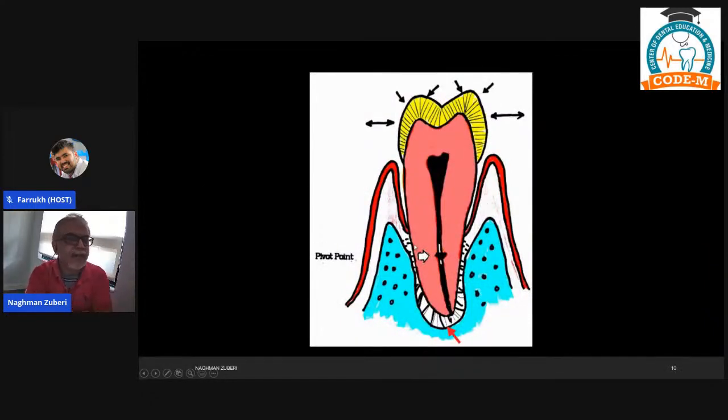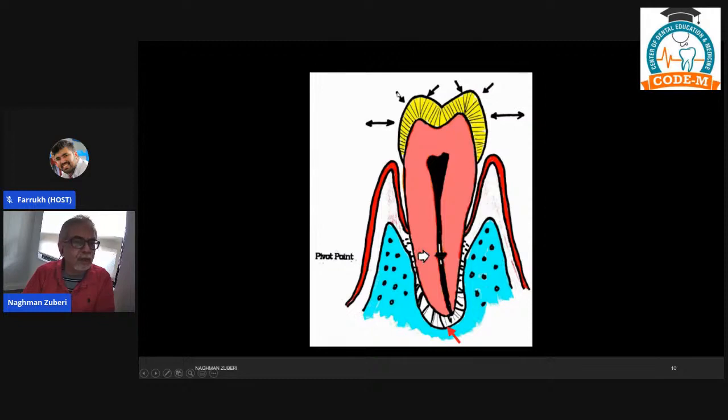Nature has designed our teeth in such a way that all the forces dissipated on the coronal section, on the occlusal section, are directed along the long axis as a resultant vector. I have already mentioned that if it is within the physiological condition, that is going to be helpful for the health of the periodontium and the supporting bone.